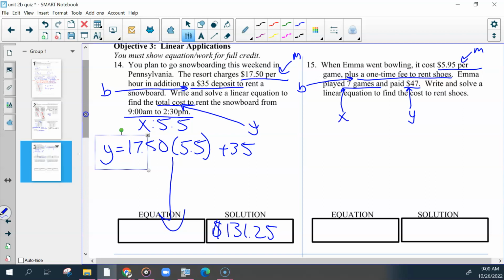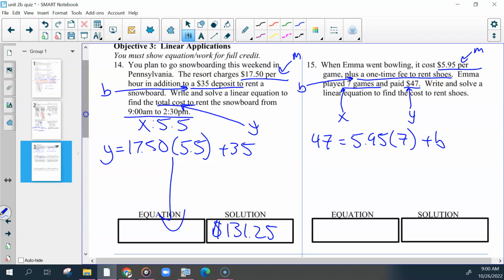So our equation, if you weren't using point slope formula, would look like this. 47 equals our M times our X plus our B. B is what we don't know. That's what we have to solve.